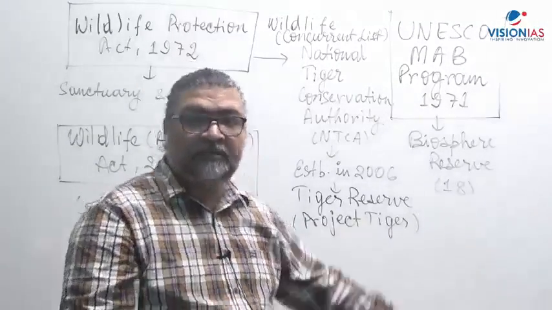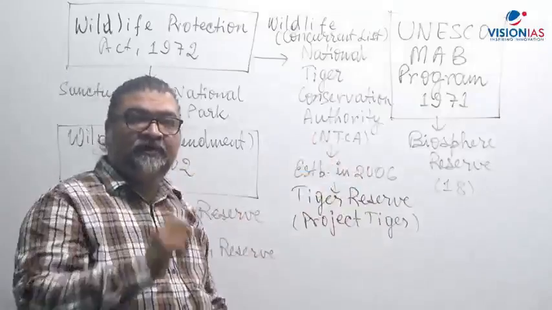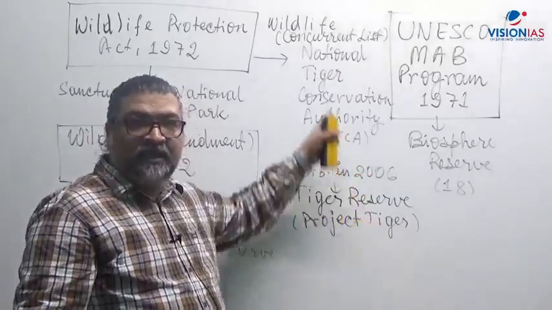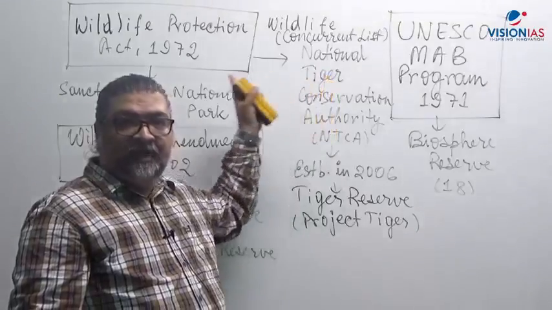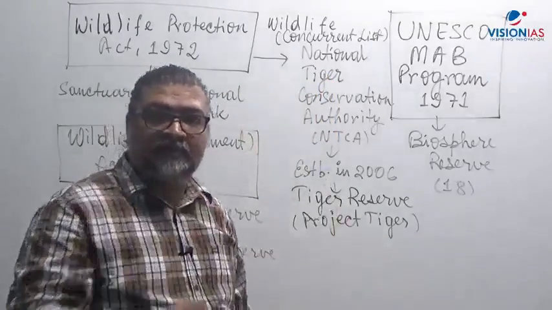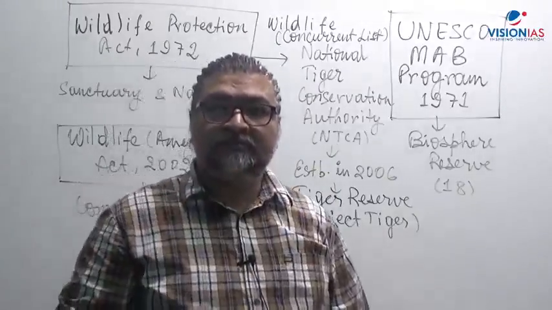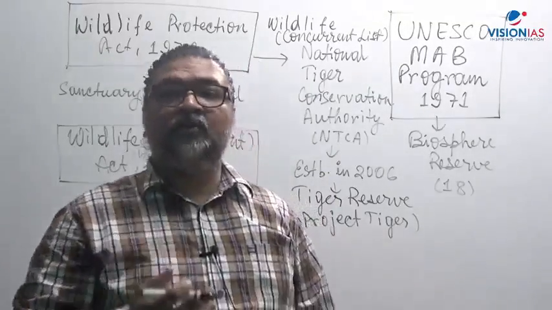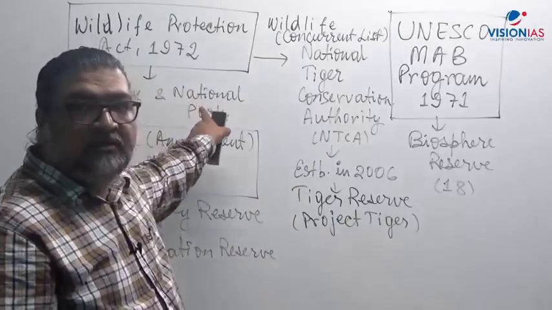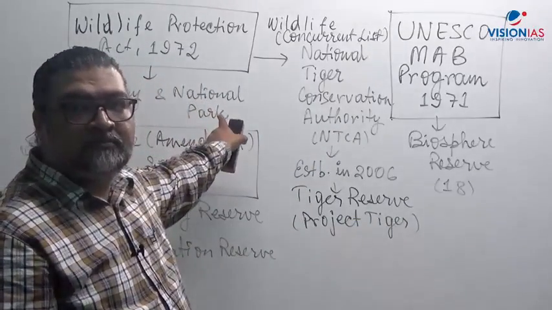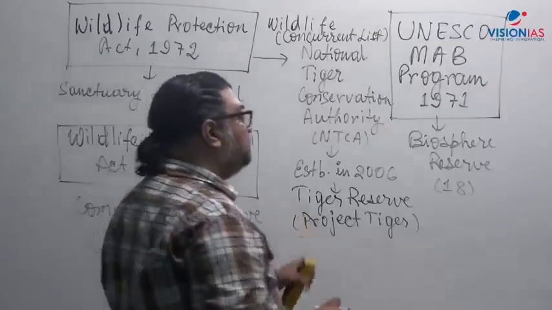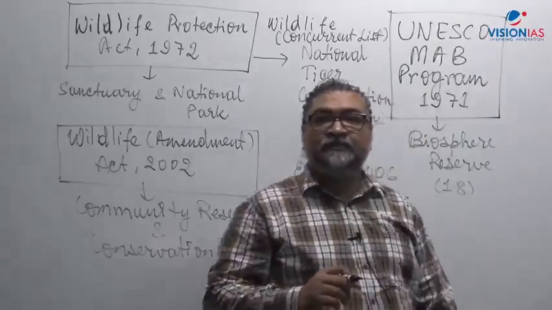The authority to deal with tigers in India is the NTCA, which is based under the Wildlife Protection Act 1972. But for elephant reserves, which the central government notifies, we don't have a provision under the existing Wildlife Protection Act 1972.